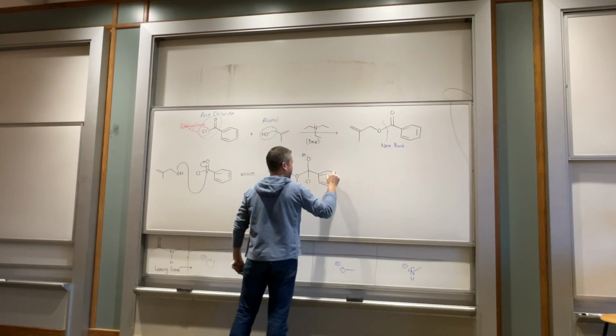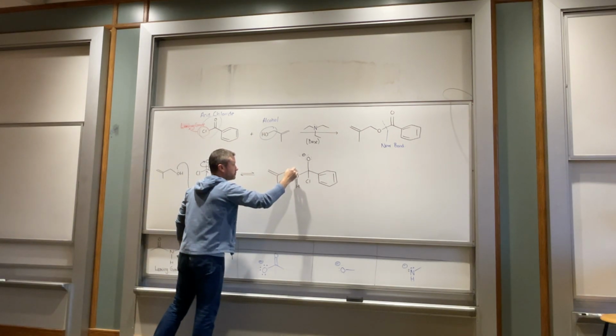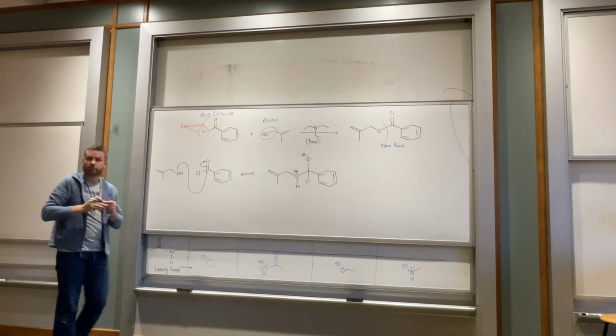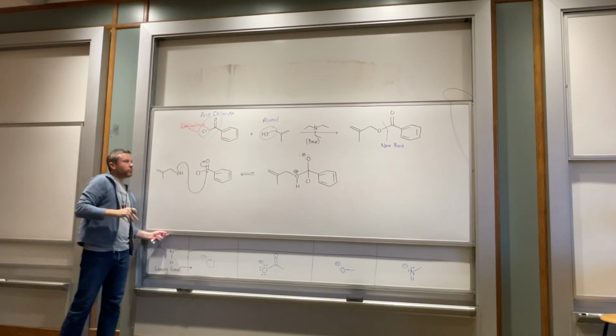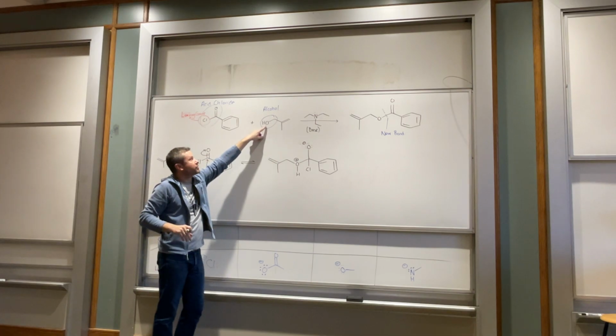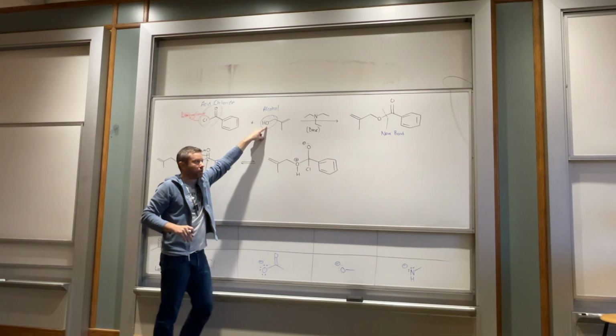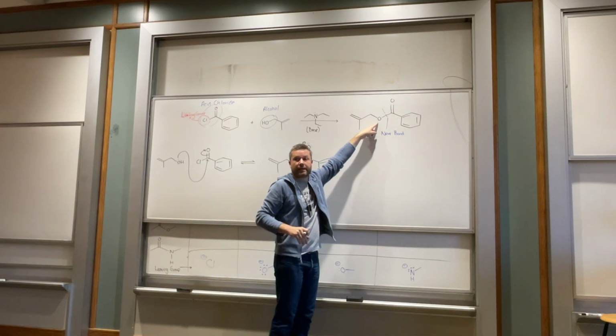That leads to the formation of this tetrahedral intermediate. Right? You can see in the beginning of this reaction, right, we have a hydrogen on the oxygen of the alcohol. Right? In the end, that hydrogen atom is gone.